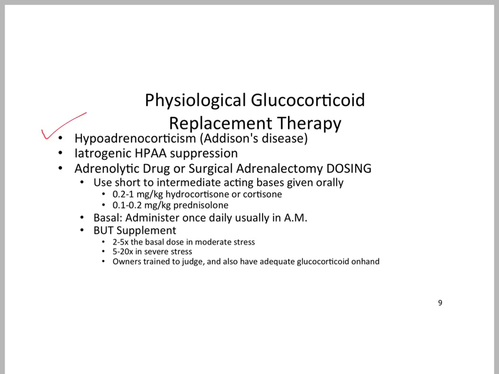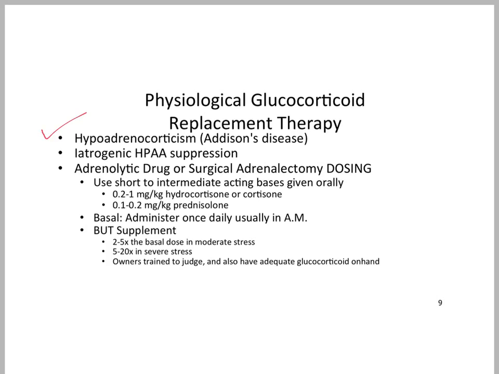You treat them with the replacement doses I just mentioned, but you have to realize that for any animal with Addison's disease or glucocorticoid deficiency, the glucocorticoid you use on a daily basis is adequate for their basal needs, or sort of couch potato needs, but not enough for when they're stressed.